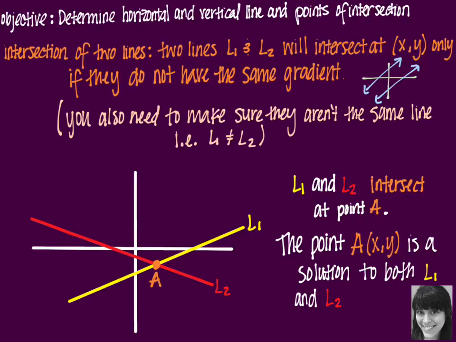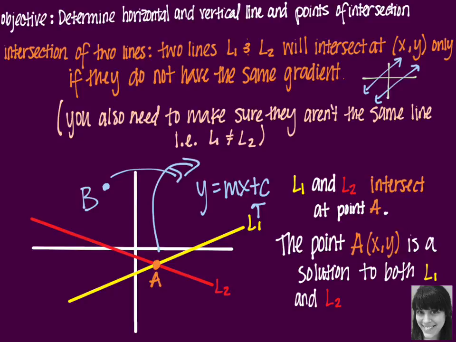So if I have some equation of a line y equals mx plus c for L1, when I plug in the point A into this equation, it's a true statement, right? And there are problems where if it were this point right here, let's call it B, and I plugged it into the equation for L1, it wouldn't work.